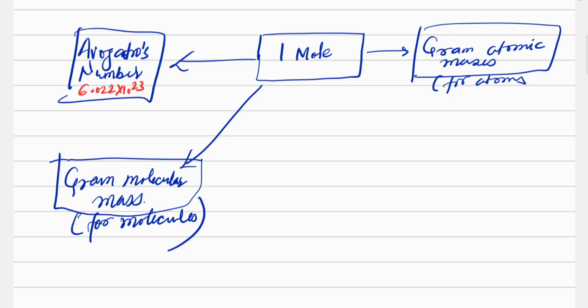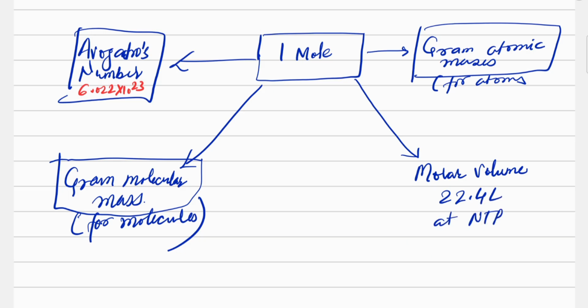And it is also equal to molar volume, which is 22.4 liter at NTP. You should remember this. Okay, so these are the few things you have to remember. So this is 1 mole.